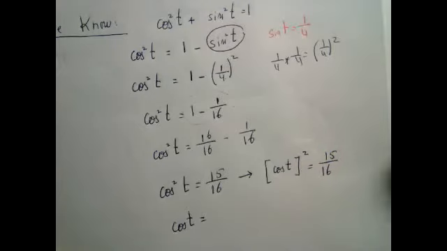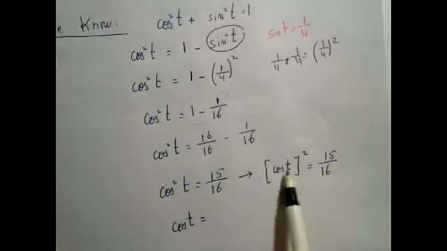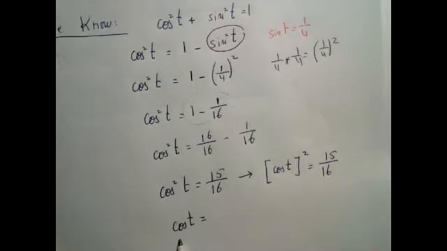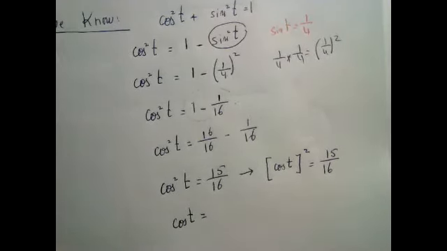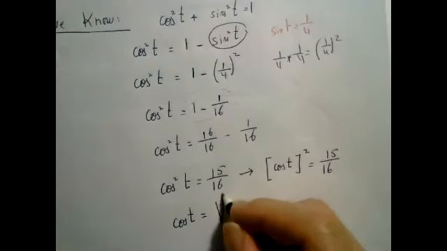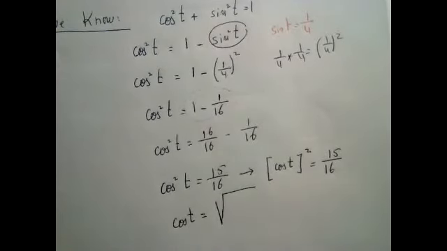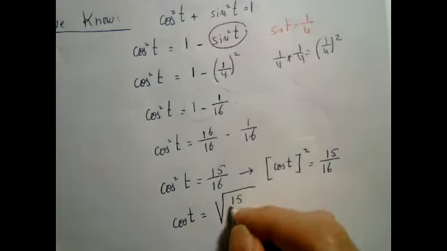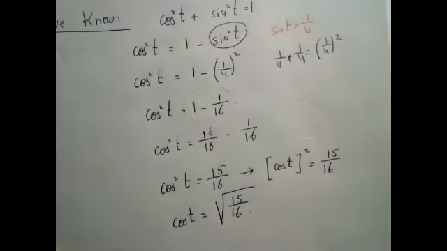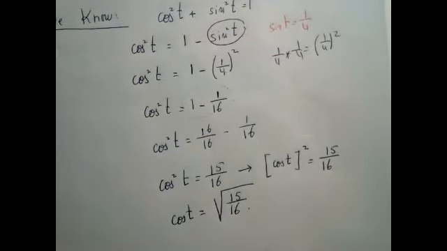Be careful. What do we do? Cosine t squared is that, so for cosine t, what should we do? Take the square root. Right? We don't square, we take the square root. It means the cosine t is the square root of 15 over 16. Okay? So we don't take the square, we have to take the square root.